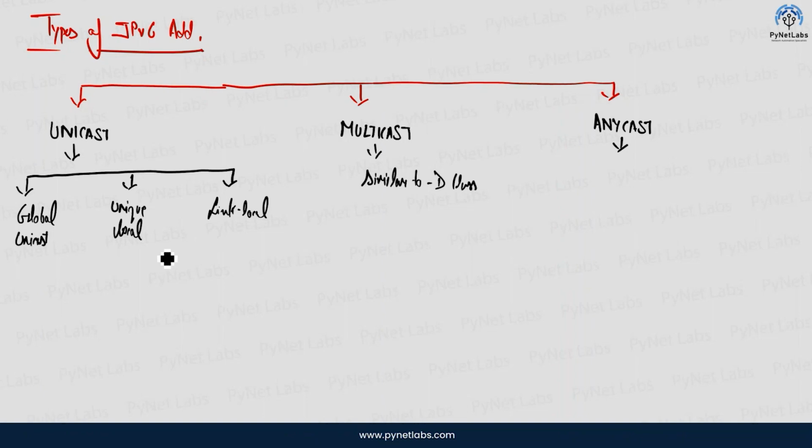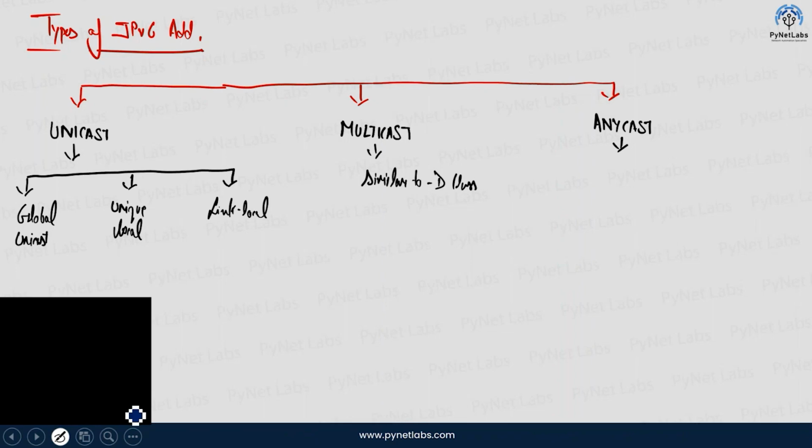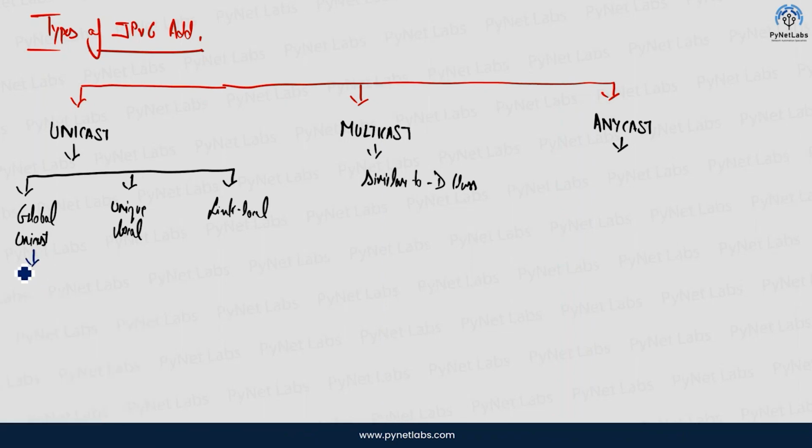So when I talk about global unicast, what exactly does it represent? Global unicast is the public IP of IPv6 address. And this one, unique local, that's the private IP.